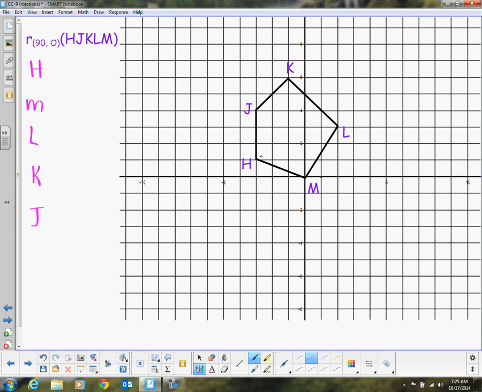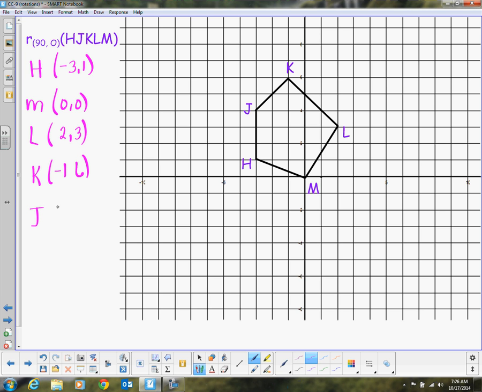So what are the coordinates of H, Eric? Negative, right? Okay, what are the coordinates of M, Tommy? 0, 0. What are the coordinates of L, Brittany? All right. Kayla, what's the coordinates of K? Negative 1, 6.